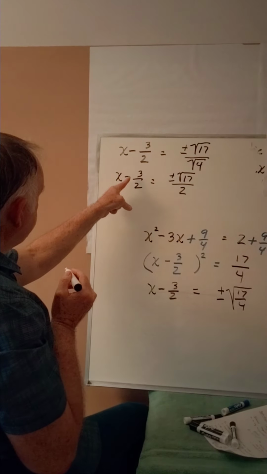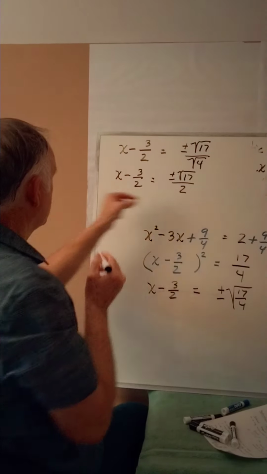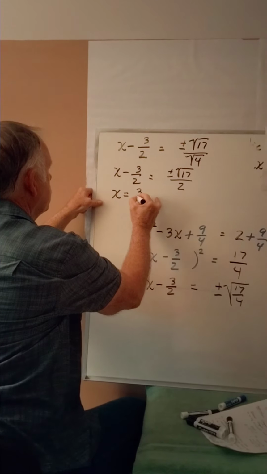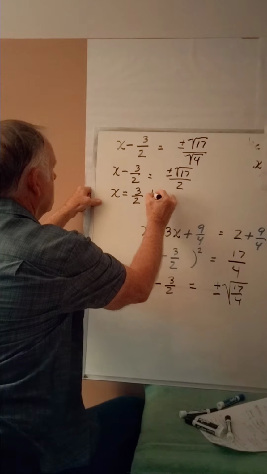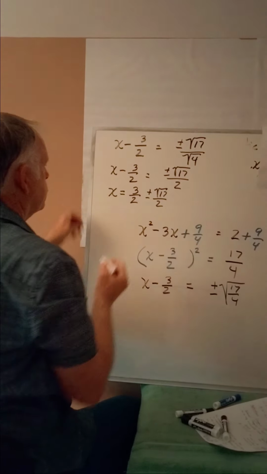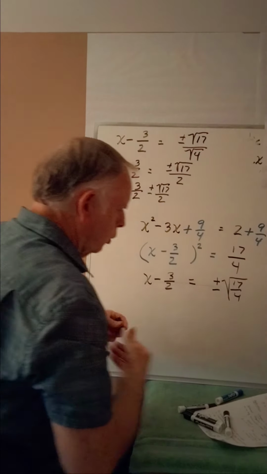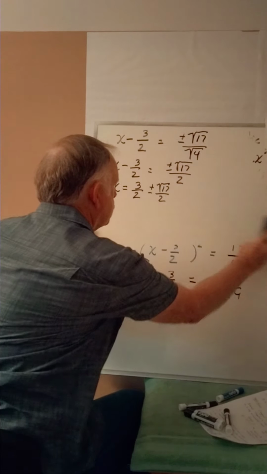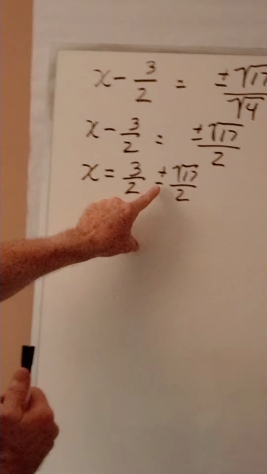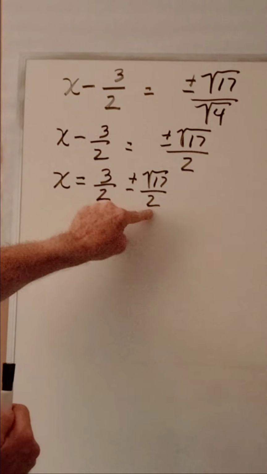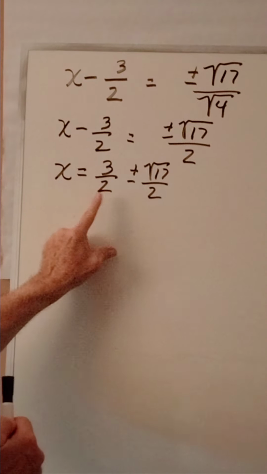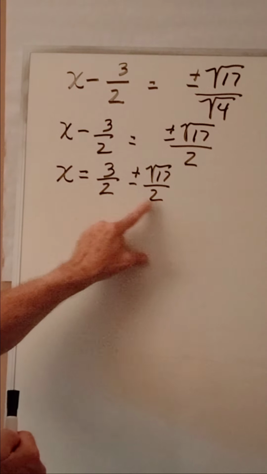Now we'll move that negative 3 over 2 over to the other side, and we'll have x is equal to 3 over 2 plus or minus root 17 over 2. And look at those two fractional amounts that you see there. We can combine these two. The denominators happen to be the same.